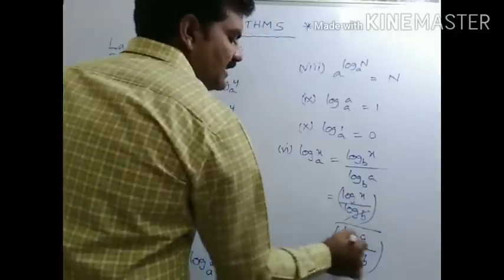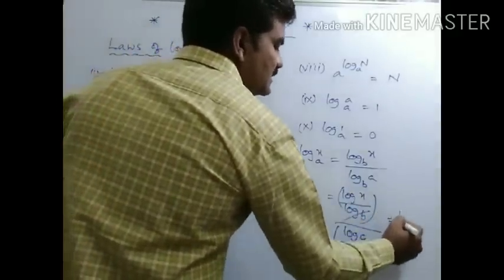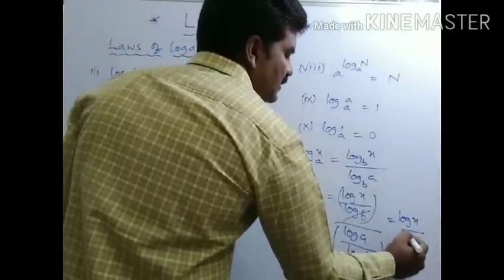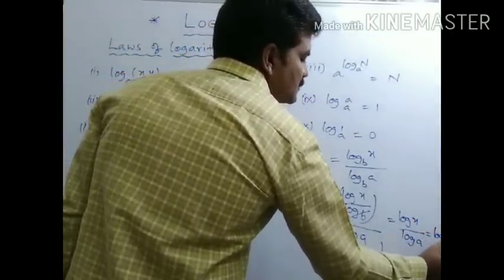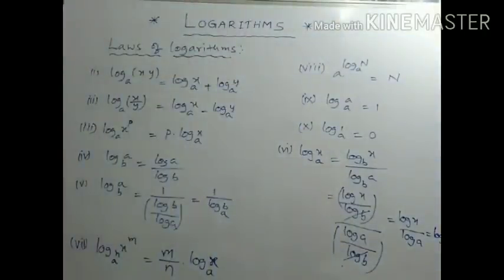So the denominators get cancelled, which is equal to log x by log a, and which we can write as log x to the base a.